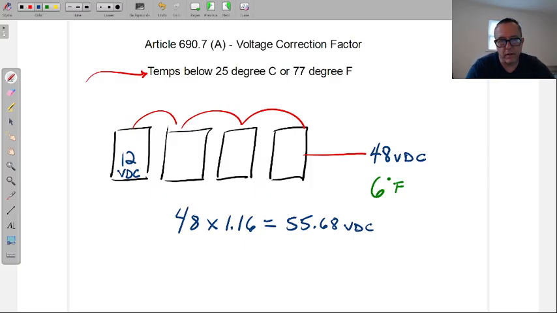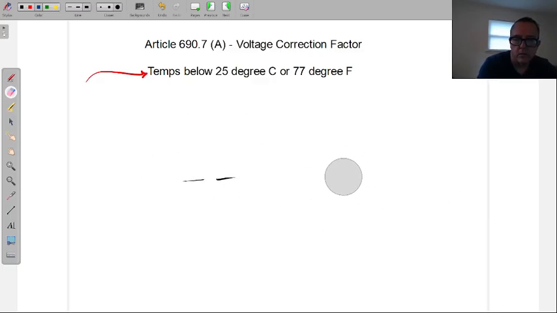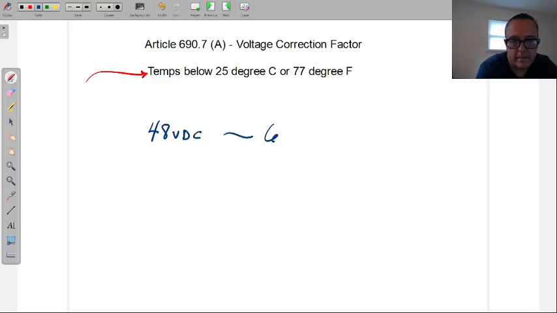So for the questions, we don't have to get that far. You're not going to go buy an inverter or pick an inverter. The questions will show exactly that. All right, what is the correction factor for 48 volts DC with an ambient temperature of 6 degrees Fahrenheit?